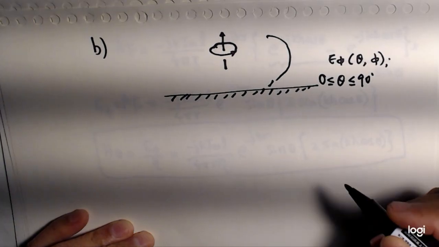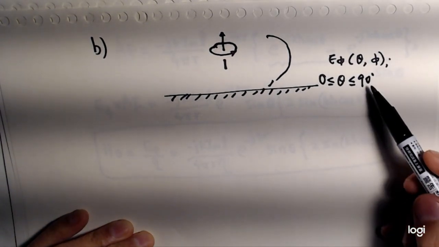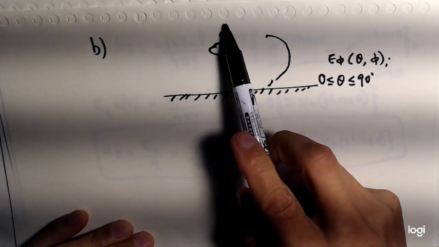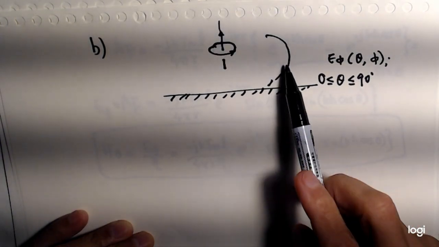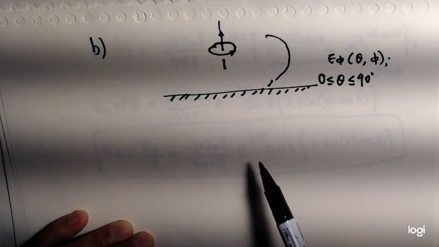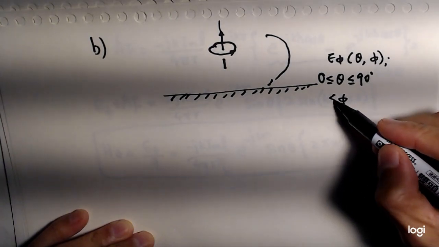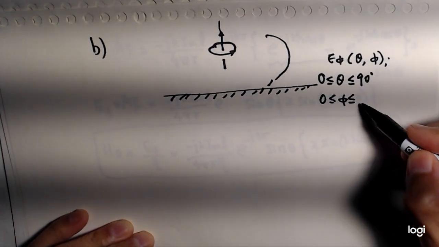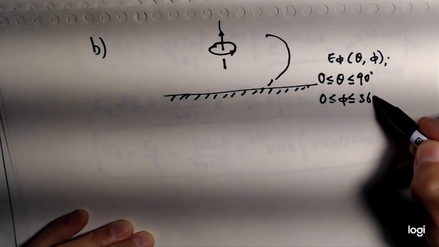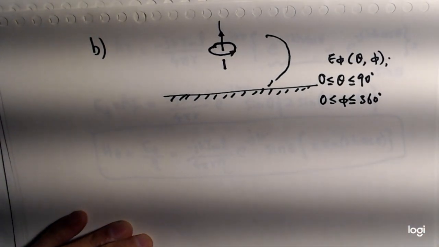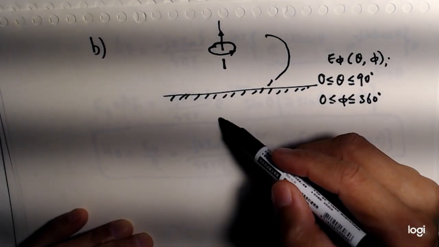So this is very important. Yeah, we have to bear in mind the angle is only 90 degree. And how about phi? Phi is okay. Phi can be 0 to 360 degree. So this is the specification.